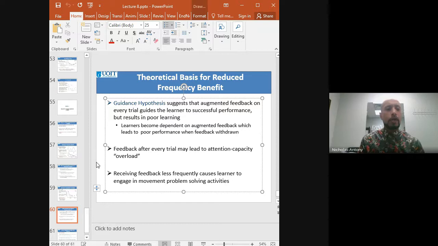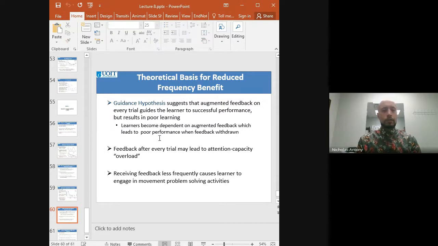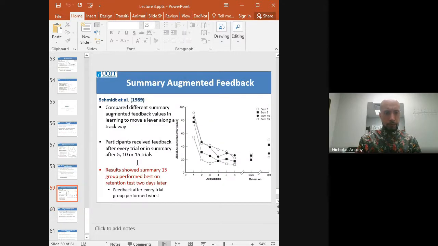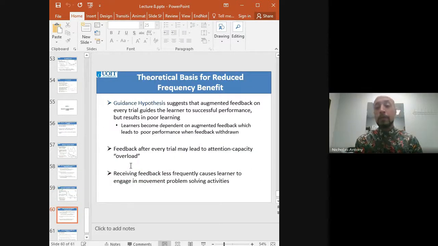So this is talking about the frequency of feedback. Yeah, it's 49. It's 59 for me. But this isn't talking about the frequency of practice trials.